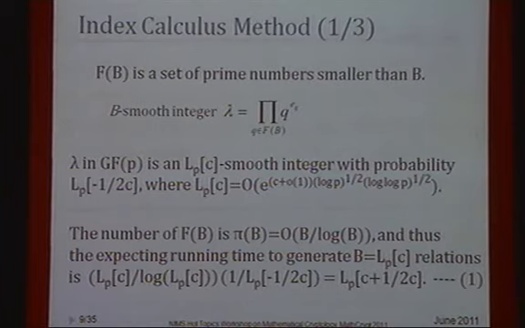Here is the probability of being B-smooth, and here is the number we substitute B into, and we divide it by the probability. This is a heuristic estimation, but we get this. So to generate many iterations for a given bound B and L_PC, we expect it takes this sub-exponential time. This time depends on the constant term C. It is therefore very important to optimize this constant.